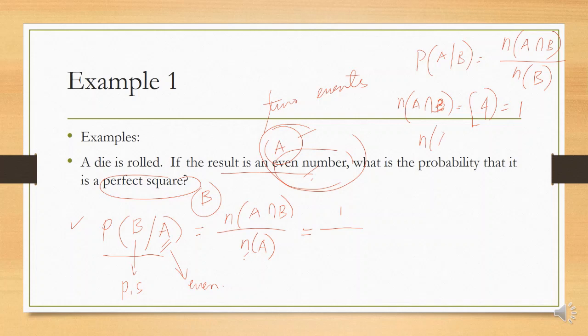From our sample space of rolling a die, remember, the even numbers are 2, 4, and 6. So, meaning we have 3. So, the answer will be 1/3. So, the probability that you get a perfect square, if the result is an even number, is actually 1/3.